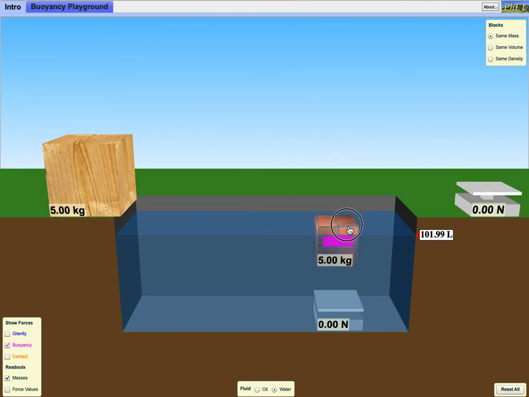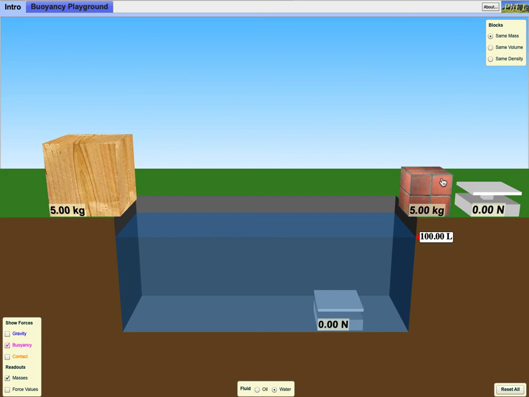Here about 2 liters of this block is submerged in water, and the buoyant force increases. If we completely submerge the block, then the volume that's submerged is equal to 2.5 liters, and that's going to be the biggest buoyant force. That's the maximum it's going to get.